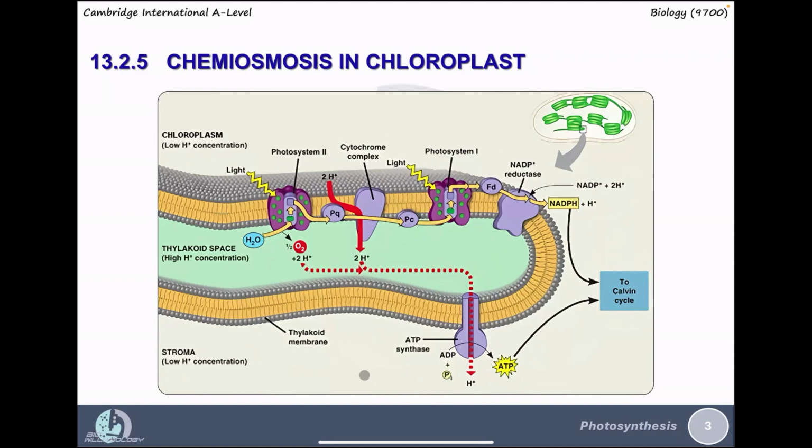This energy is used by ADP and inorganic phosphate group to form ATP, and this reaction is catalyzed by ATP synthase. And these protons will combine with electrons, together with NADP, to form reduced NADP. Both reduced NADP and ATP are required by the Calvin cycle. That is how chemiosmosis actually takes place in chloroplast.